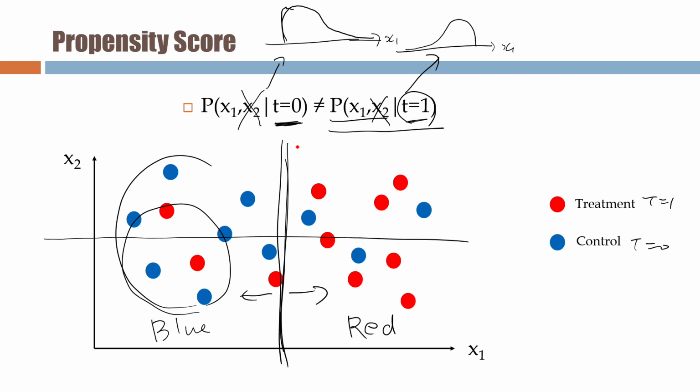If this is the same, that's what we call a randomized sample. If this is a randomized sample, we can simply calculate the expected value of y given that t equals 1 minus the expected value of y given that t equals 0.